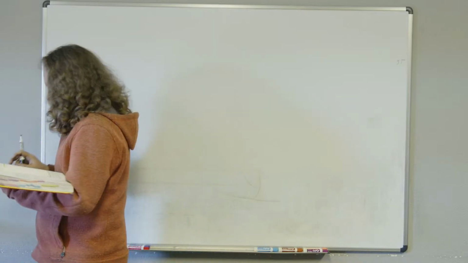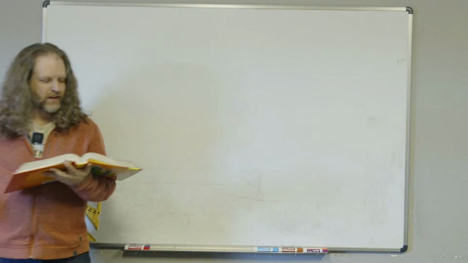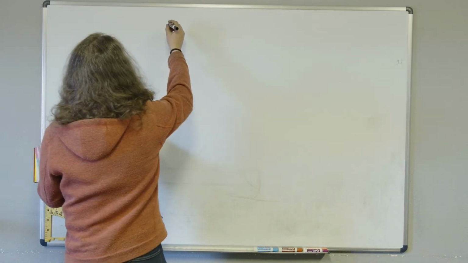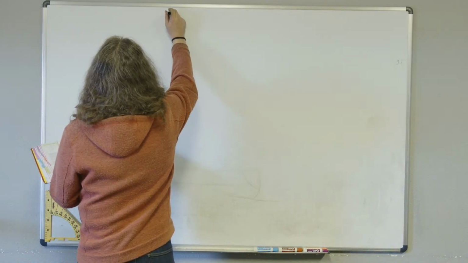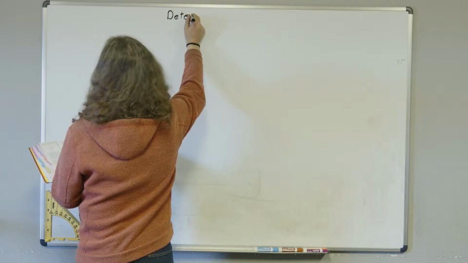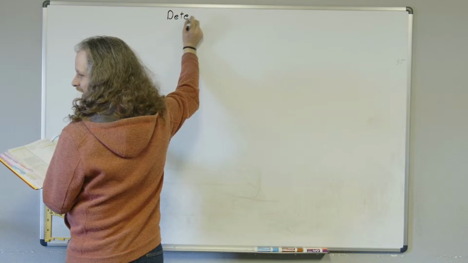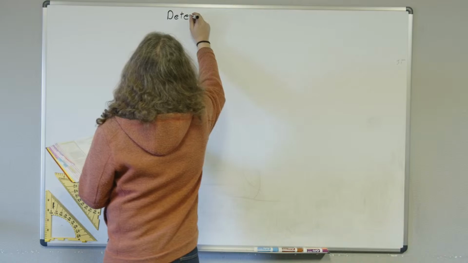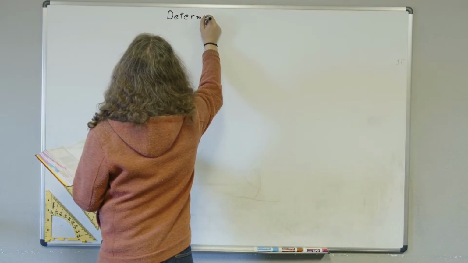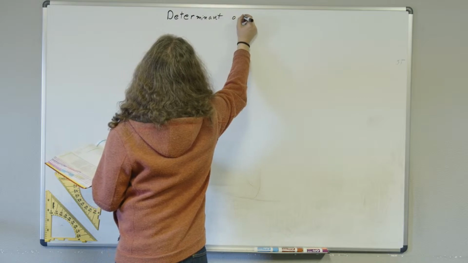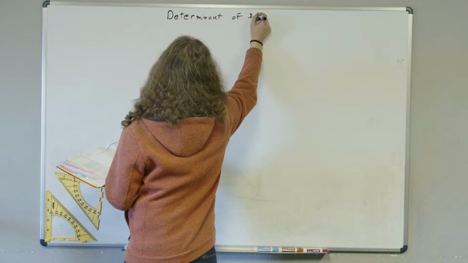Because the first bit is something I didn't teach you last year. You do need to know how to find the determinant of a 3 by 3 matrix. This is a different method. The determinant is a single number. You have to have the determinant to find the inverse. Okay. Of a 3 by 3.